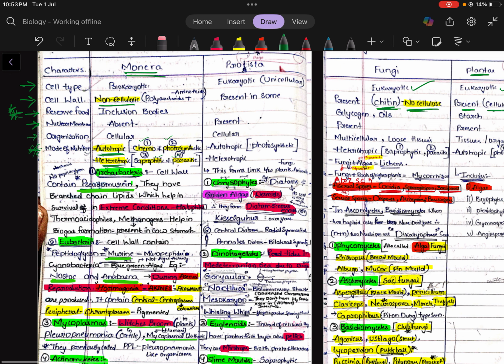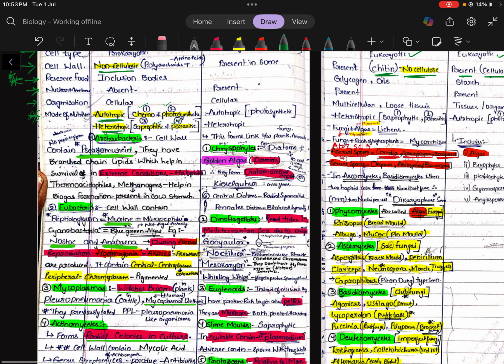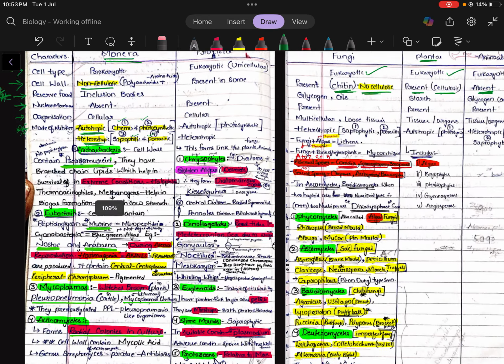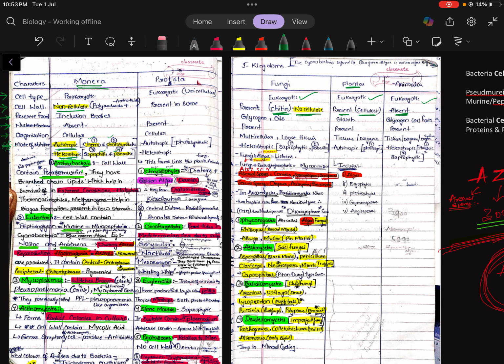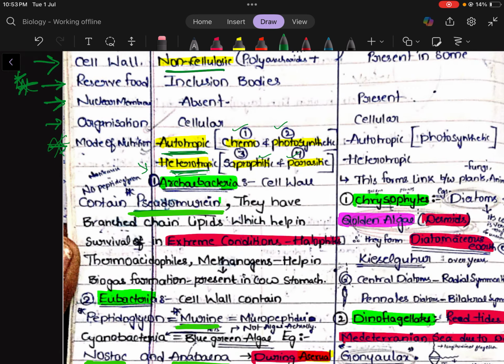So next you have to remember the remaining modes of nutrition. And I wrote subdivisions here itself. Monera is divided into archaebacteria. Archaebacteria cell wall contains pseudomurein.